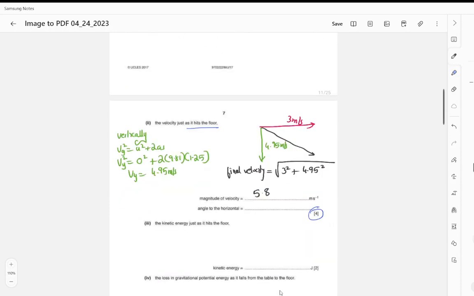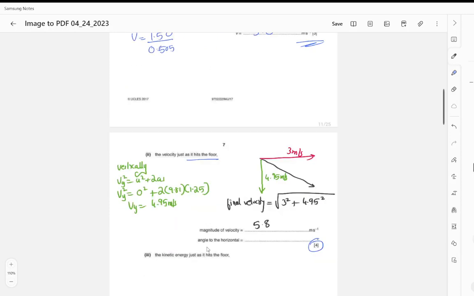Let's see the angle to the horizontal. For the angle to the horizontal, we need to find this angle. We can easily use tan. Let this be theta. So tan theta should be equal to the vertical component, which is 4.95 divided by 3. Make sure your calculator is in degree mode.